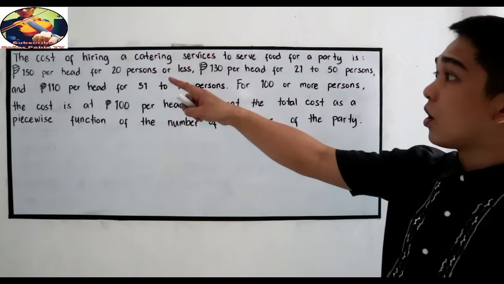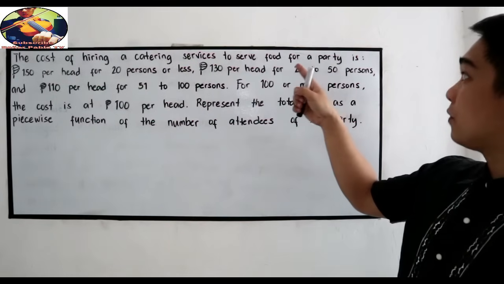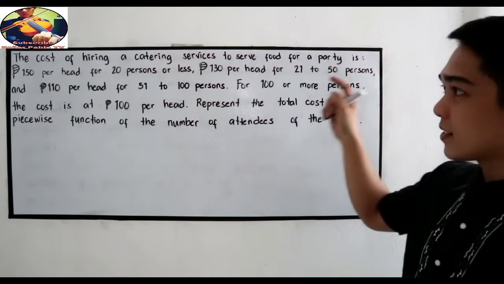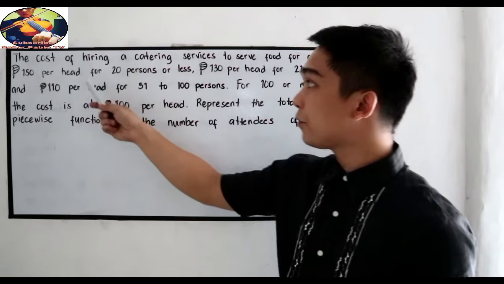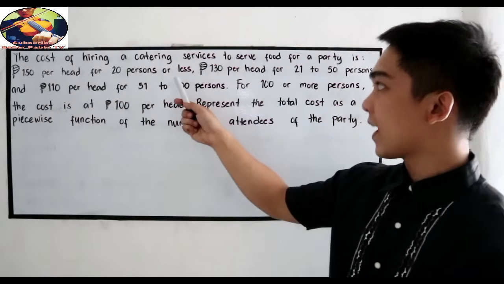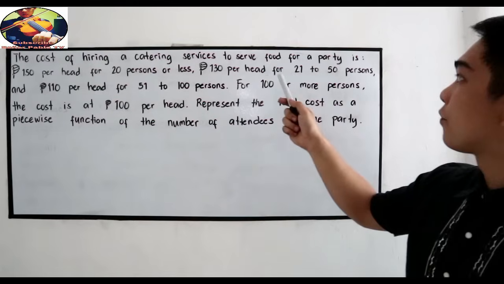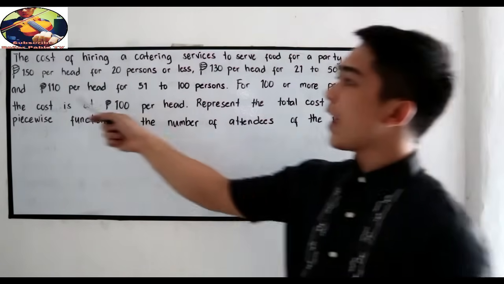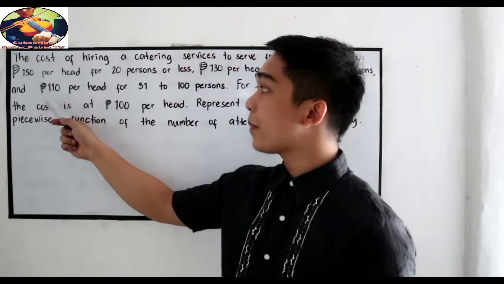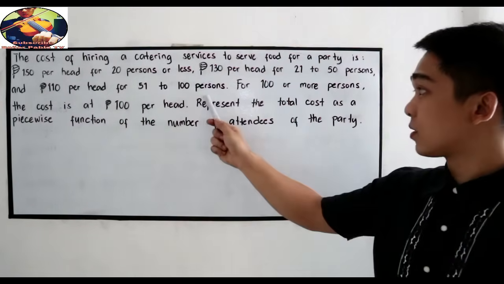The cost of hiring a catering service to serve food for a party is 150 pesos per head for 20 persons or less, 130 pesos per head for 21 to 50 persons, and 110 pesos per head for 51 to 100 persons.